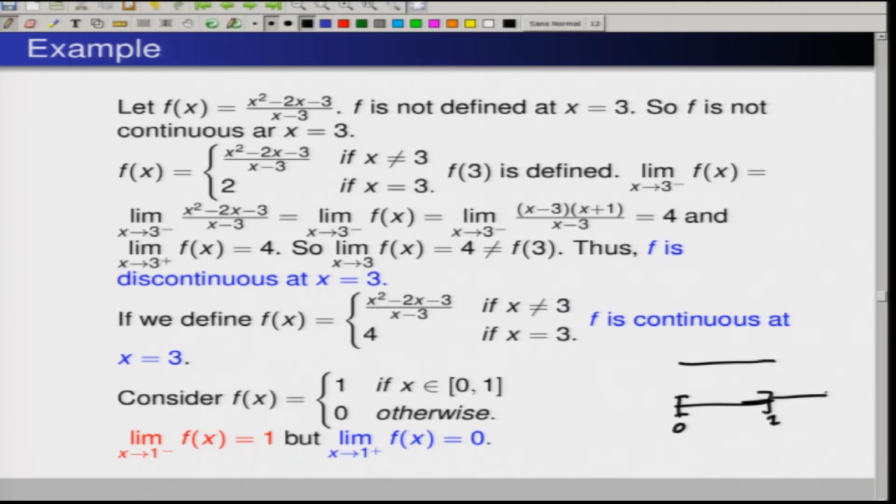If I approach 1 from this side, then I am going to get 0, because all these values of f of x are equal to 0. Similarly, if I look at 0 and approach 0 from the right, I am going to get 1, and approaching 0 from the left, you are going to get 0.